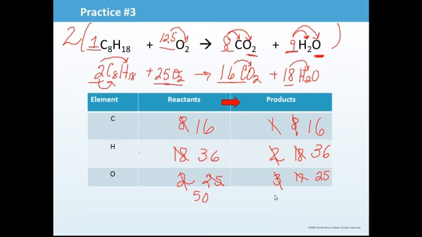Okay, and 16 times 2 is 32 plus the 18 oxygen here, which equals 50. So you can see we're still balanced. We have a lot more now, but we're still balanced. On rare occasion, when this happens, you have to do that. That's the easiest way to get the decimal out of there.